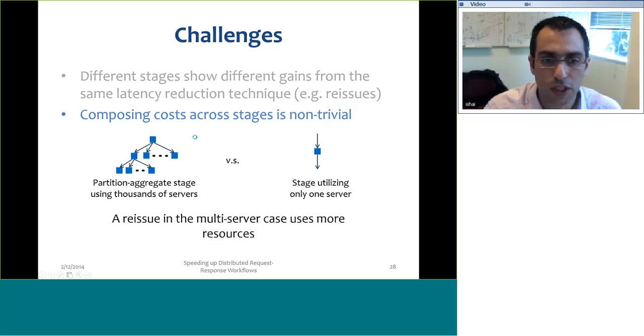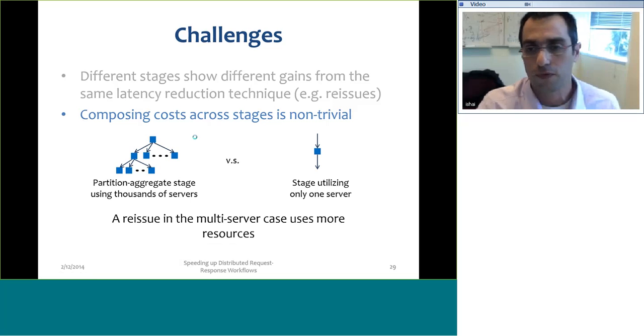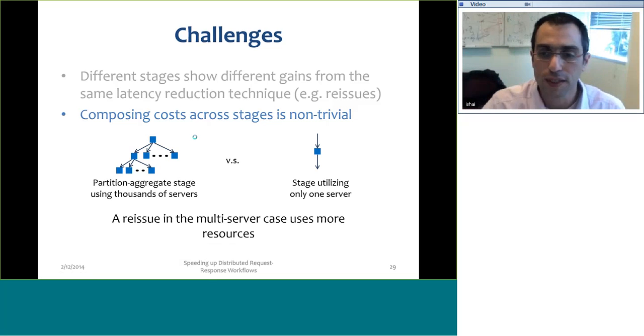So that's one challenge. The other challenge is that if we take into account the cost of using this knob, the cost is very different across different stages. If there is a stage that is basically a single machine, then of course I can do reissues. It's fairly cheap, because I only need to use maybe another machine to do the reissues.